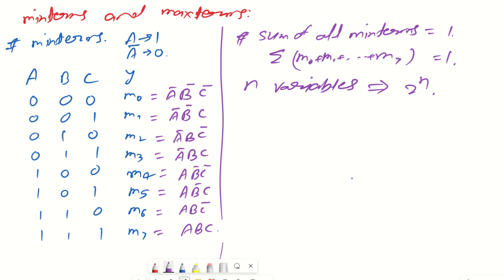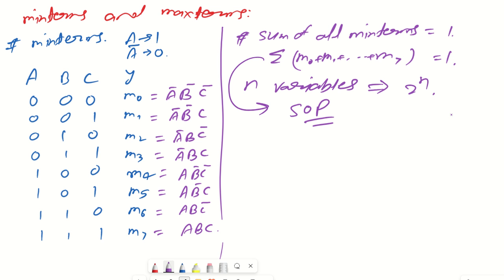And this is nothing but my sum of products expression. Basically these are the products and we find the sum of them, and this is how you will be finding 1.